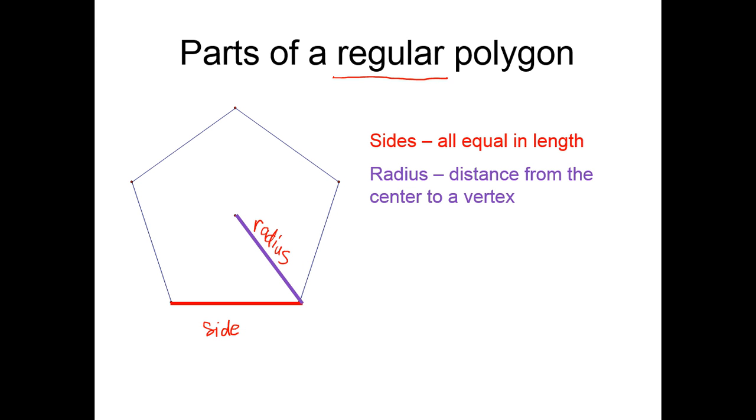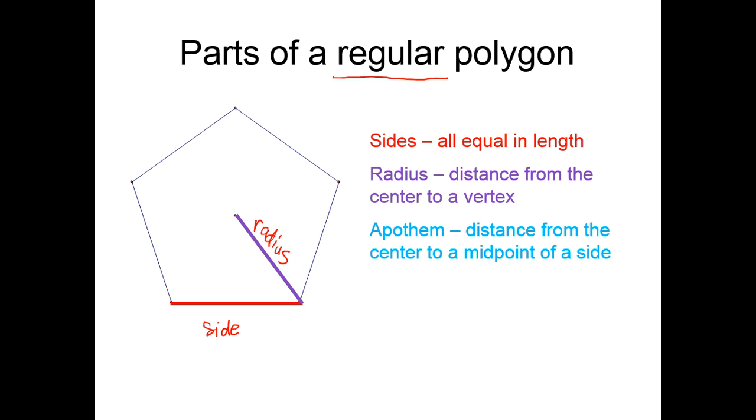The apothem, and you can say it either way, is the distance from the center to the midpoint of your side. So the apothem is the distance from the center, right here, down to the midpoint of your side, which is going to make you have a 90-degree angle there. And this is called the apothem.